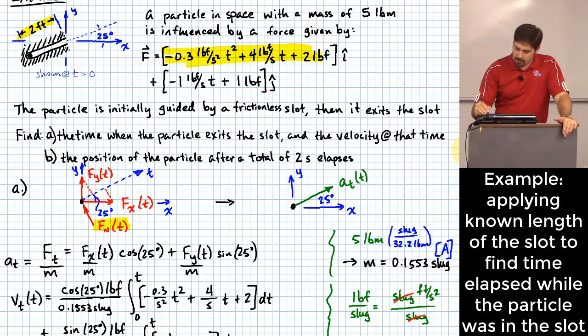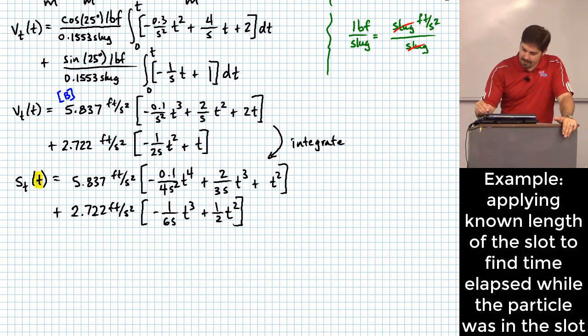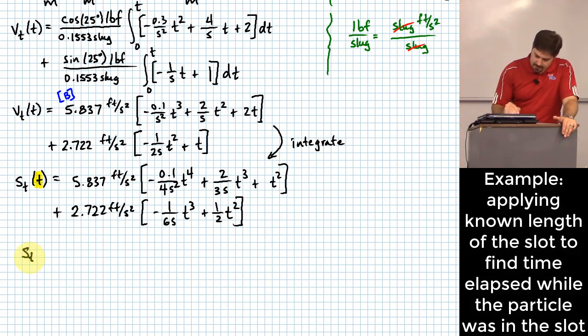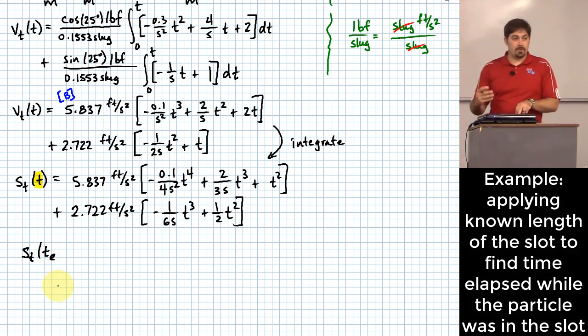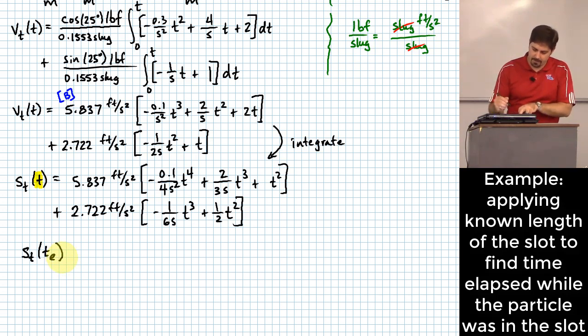So what I'm saying here is that s sub t, the tangential component of displacement, at some time t, and I can just put a little subscript on here, maybe t sub e, for the time at exit, the amount of time that has elapsed at the point that it exits, is going to be equal to 2 feet.